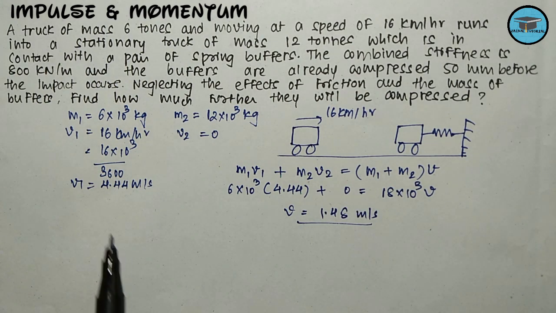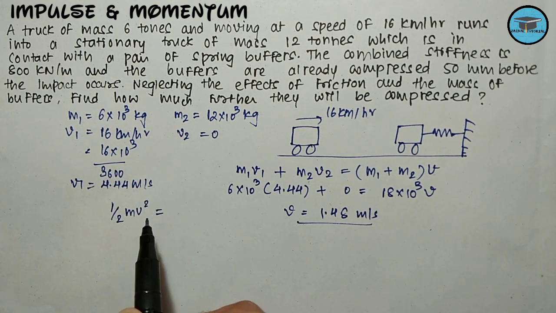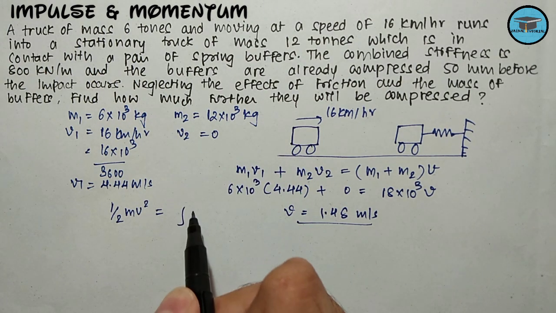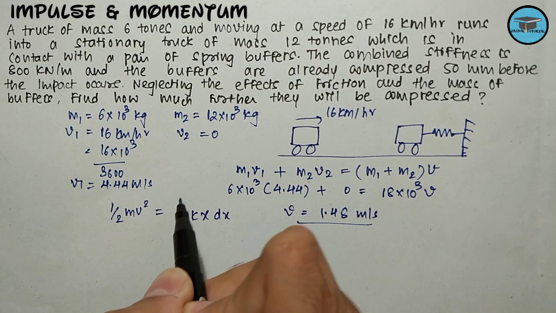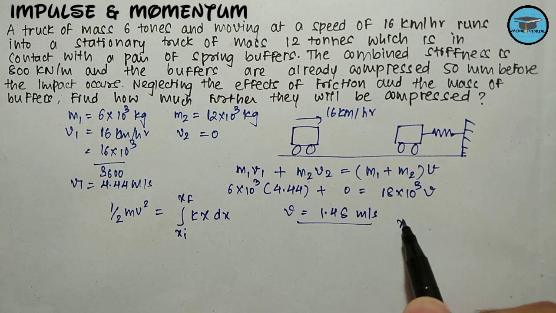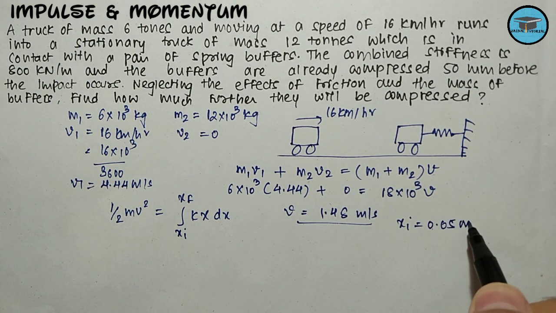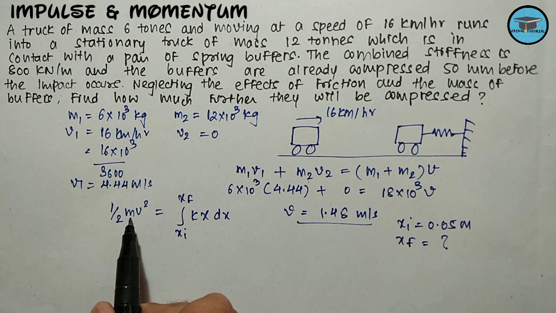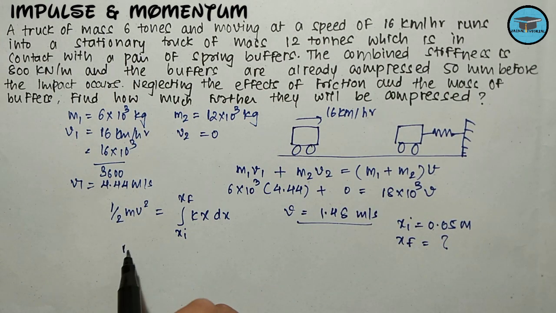According to the law of conservation of energy, half mv square equals the change in the kinetic energy of the spring, that is integral kx dx, where x runs from xi to xf. Here xi, the initial compression, is given as 0.05 meter, and xf we need to determine. The mass, that is the total mass of the trucks, is 12 plus 6, that is 18 ton.